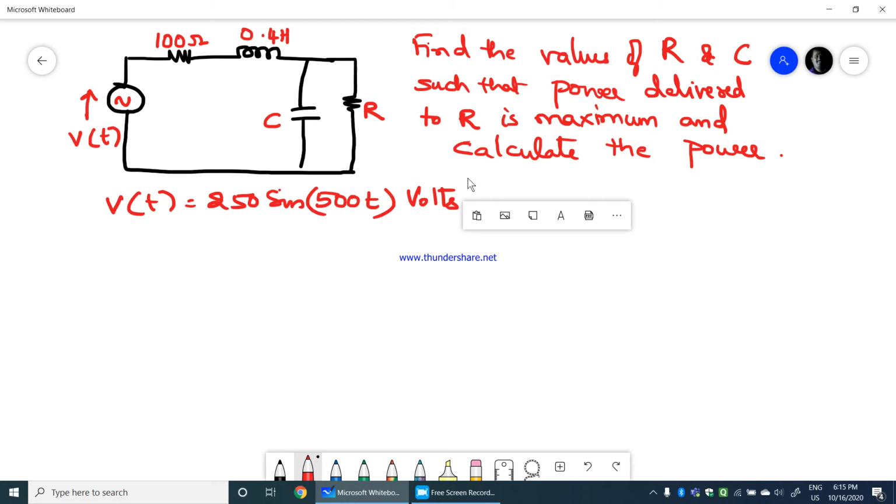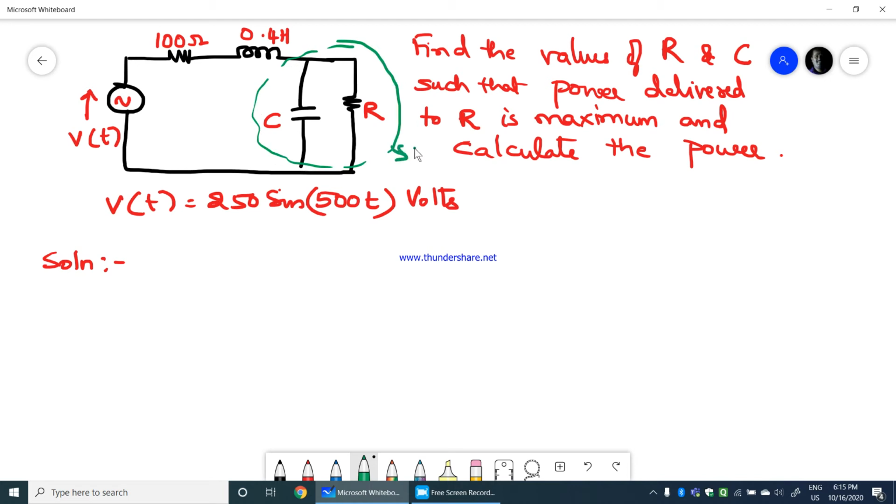So let us see what you can do. Let us begin with the solution. In this problem you see that R and C are in parallel, and that would be the load impedance ZL. So I need to calculate Z, considering the reactance of the capacitance.